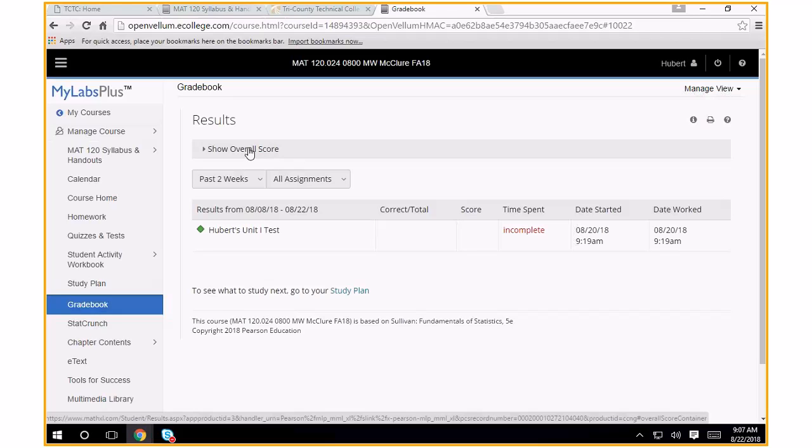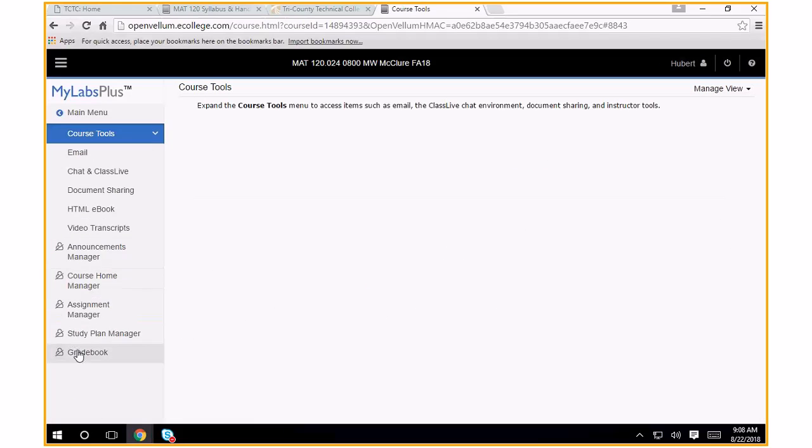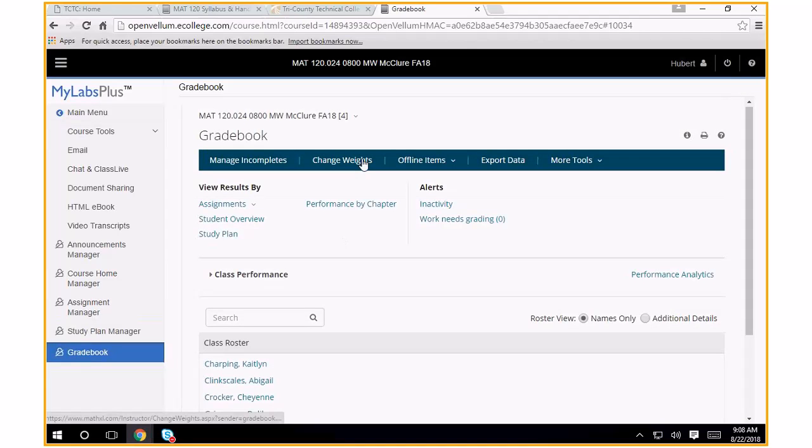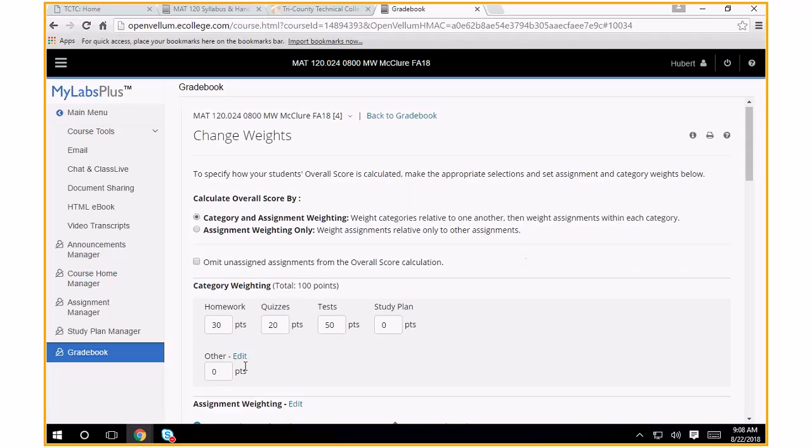A lot of people say, well, how does it know? I'll show you. Down here, where I go to my grade book, which is a grade book that calculates everybody's grade, it says change weights. Right now, the weights are not right. I didn't change this one. I'm setting them right now. Well, I thought I was.